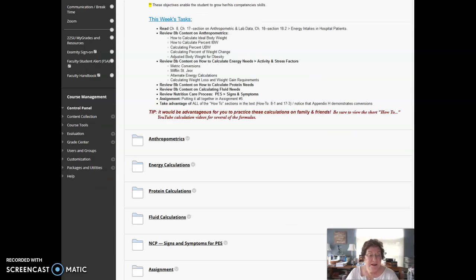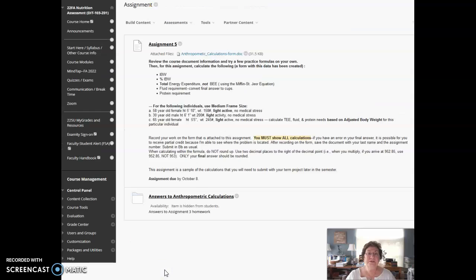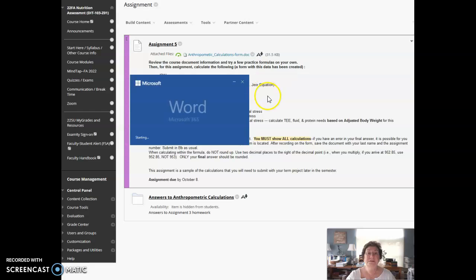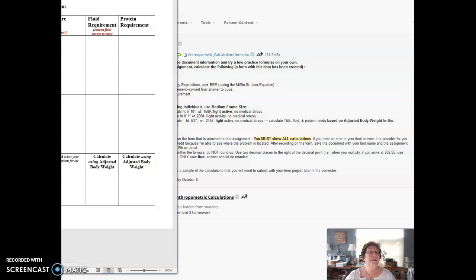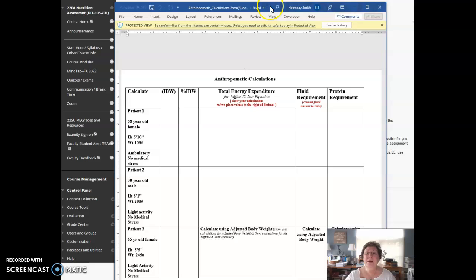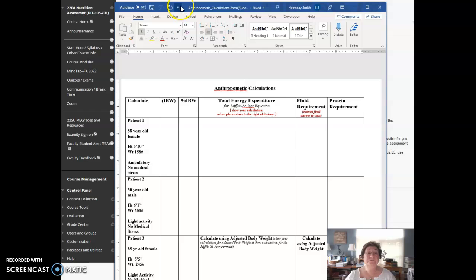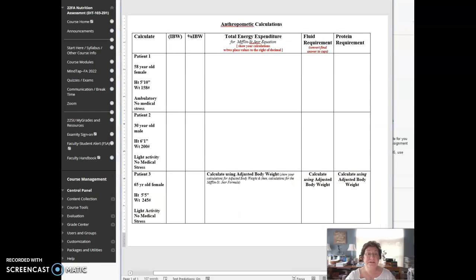All right. In the assignment, you are challenged with using many of these formulas. So let me click into our assignments quickly. Okay, over here. All right, and so let me pull this up for easier seeing here. So what we have are 3 patients, and you're going to be calculating their ideal body weight, their percent of ideal body weight.